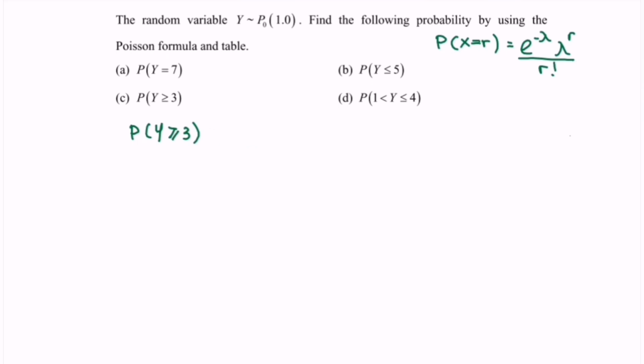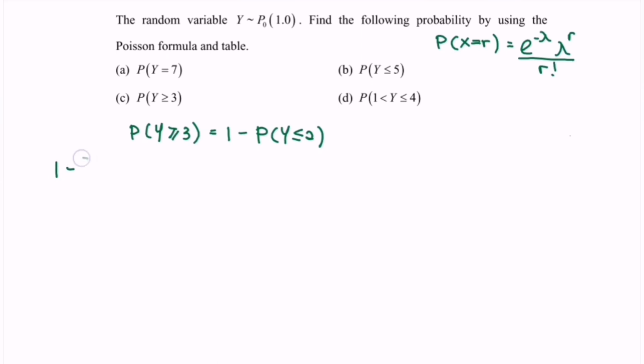So now I'm going to use the Poisson formula. Regarding the situation, it is better for us to find the less than instead of using the greater than. So my suggestion is to modify the situation: 1 minus the probability that y is less than or equal to 2. Meaning that we have to find y equals 0, y equals 1 and y equals 2.